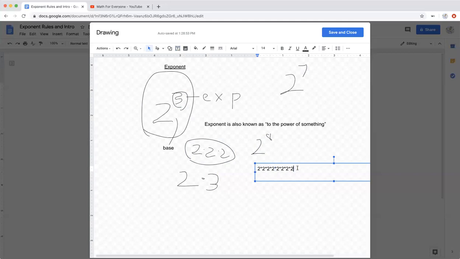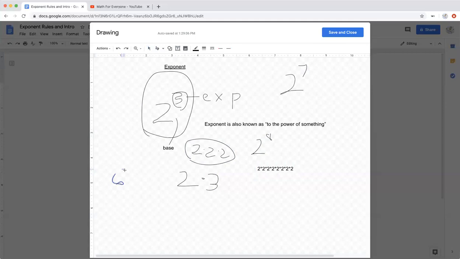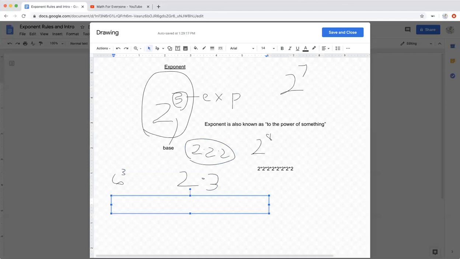Now, let me teach you a few exponent rules. Before we do that, I'm going to give you a simple problem. 6 to the power of 3, and I want you to try to solve this. So I'm assuming you've given a go at it, and now I will solve it and show you. So 6 to the power of 3. By the way, an exponent key is written as this caret on your keyboard.